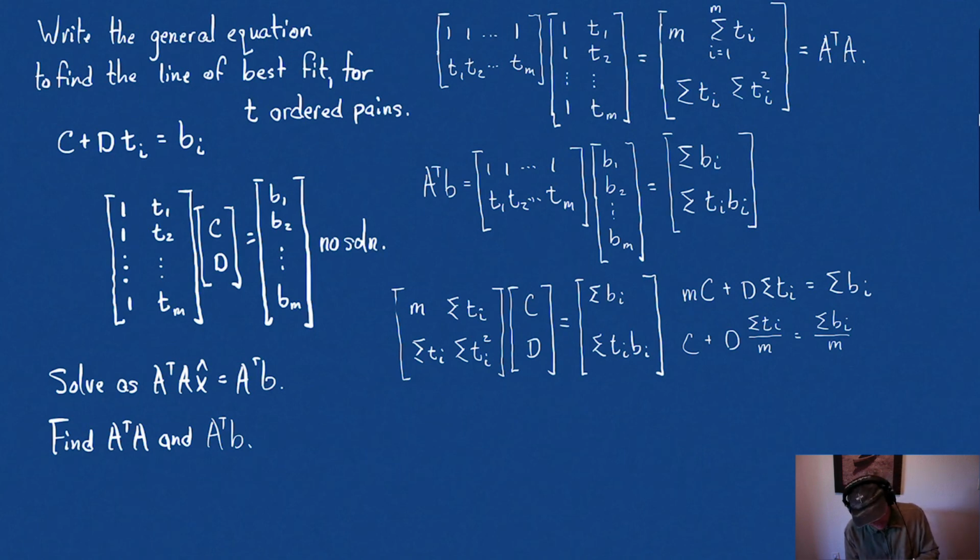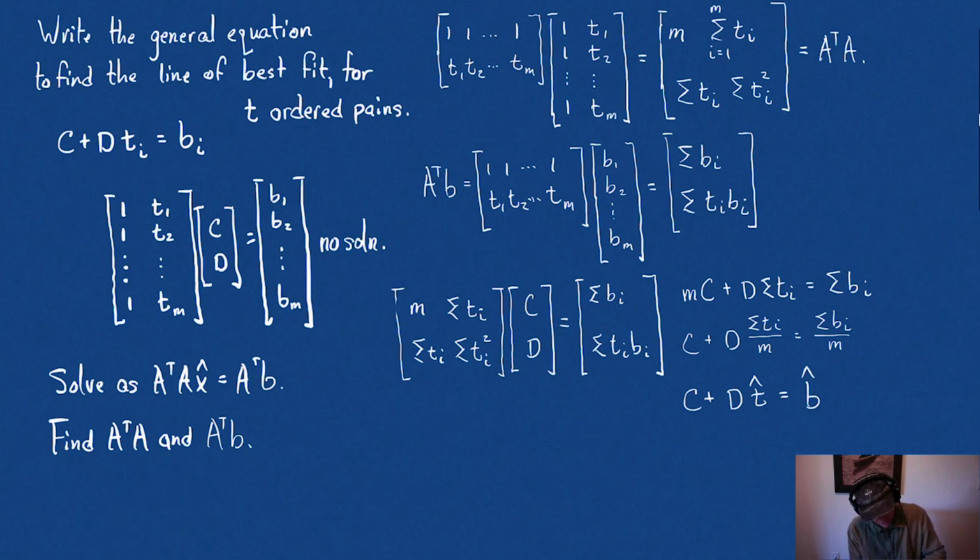I'm going to write this as c plus d times t hat. T hat means the average of the t's. Equals, well, this is the average of the b's, so we'll call it b hat, or you could call it b bar if you wanted. But there it is.